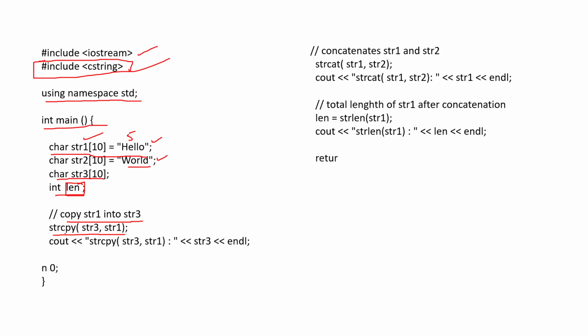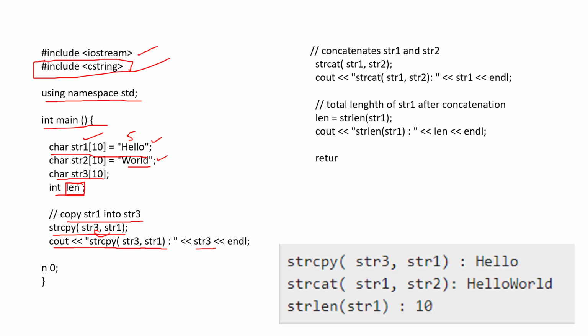By using the strcpy command, strcpy(str3, str1), the value of str1 will be copied to str3. Then after copying, if you put cout str3, this will give you the output like this. The same thing cout will come here.